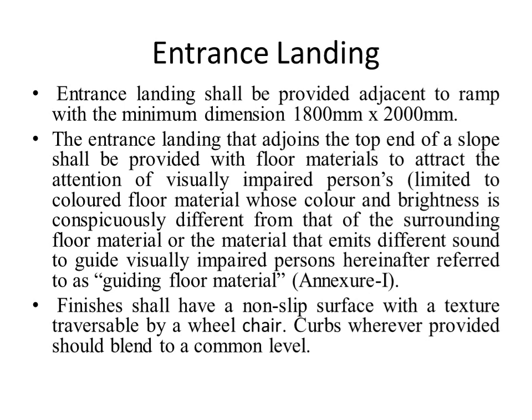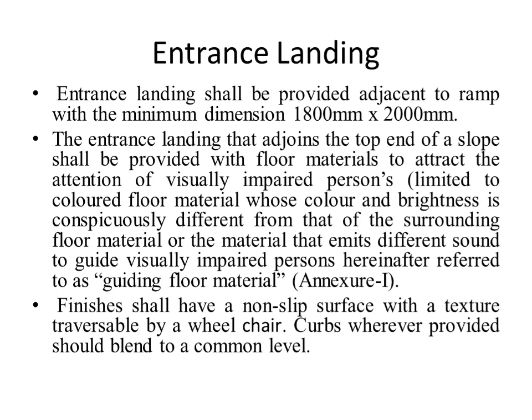Then the entrance landing. Entrance landing shall be provided adjacent to ramp with minimum dimension of 1800 mm by 2000 mm. The entrance landing that adjoins the top end of the slope shall be provided with floor material to attract the attention of visually impaired persons, limited to colored floor material whose color and brightness is conspicuously different from that of surrounding floor material, or the material that emits different sound to guide visually impaired person, hereinafter referred as guiding floor material in Annexure 1.